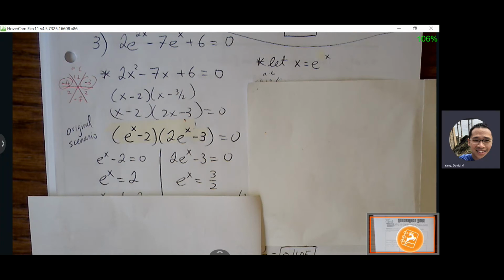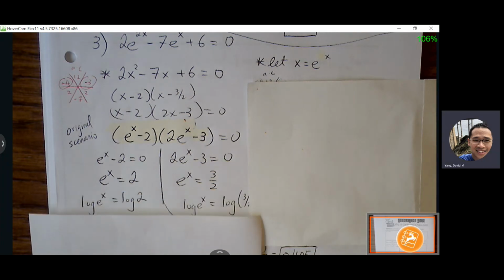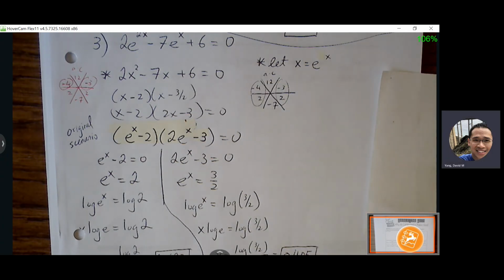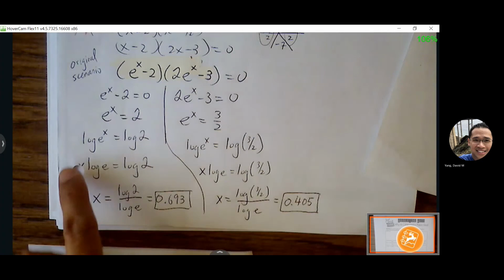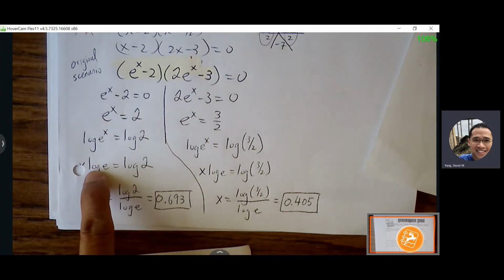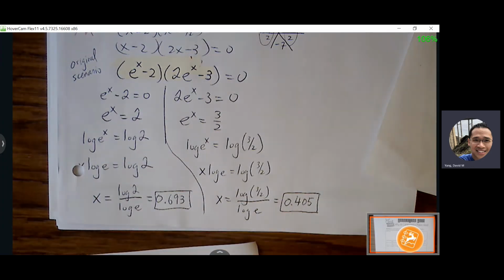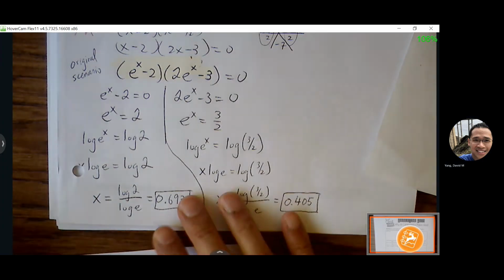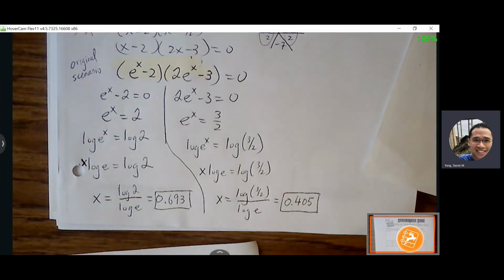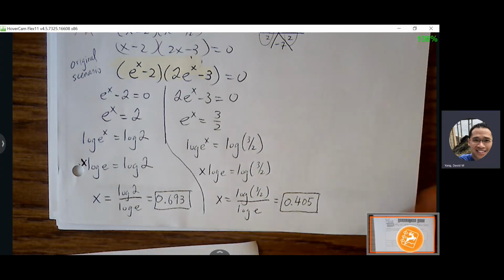If you want to do log of both sides, that definitely works. If you take log of both sides, the exponent x can come down, and then you can divide both sides by log e. Use your calculator. Log 2 divided by log e is 0.693.